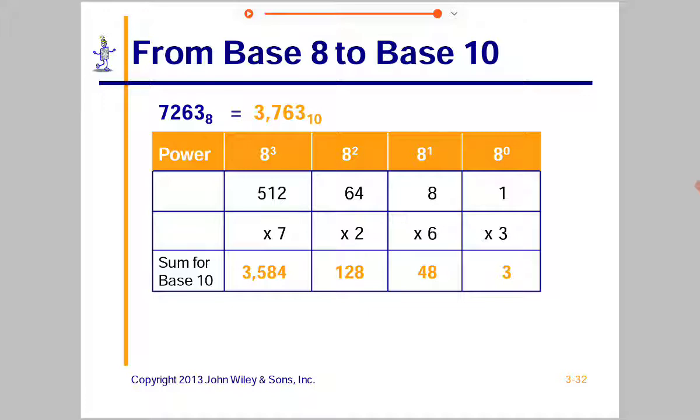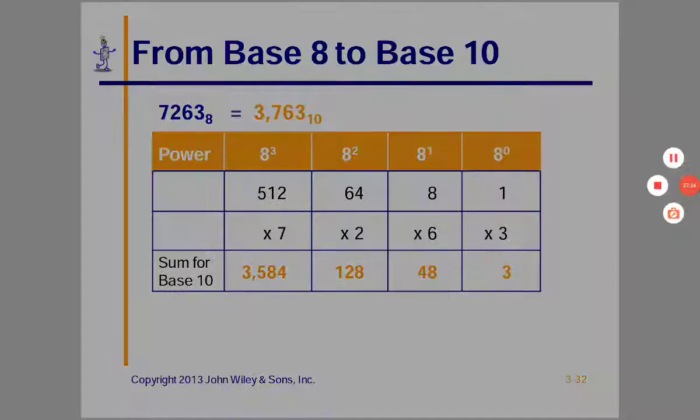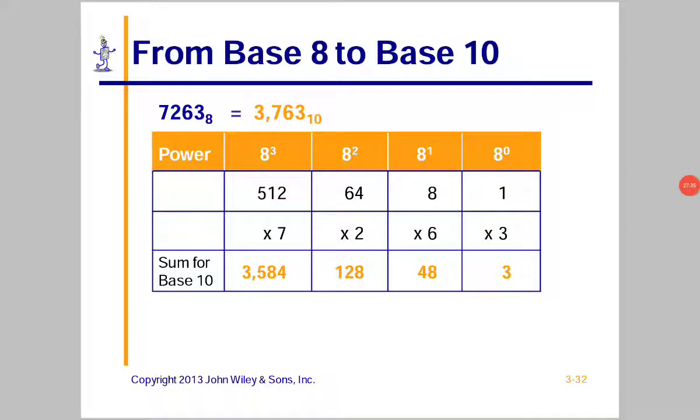So you have to draw or write this table in the examination. So how to convert base 8 to base 10, that is octal number system to decimal number system. Octal is base 8, that is 8 power 0, 8 power 1, 8 square, 8 cube.